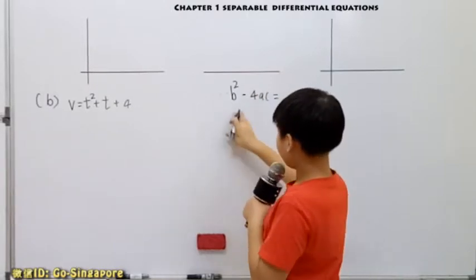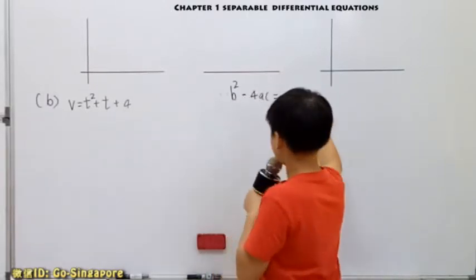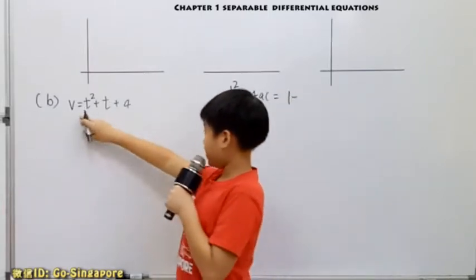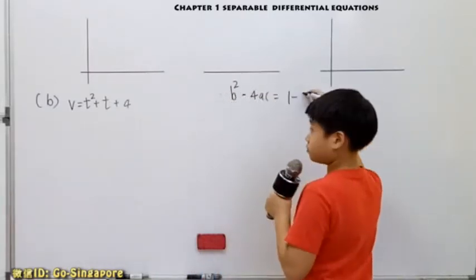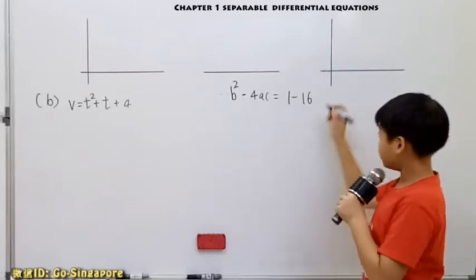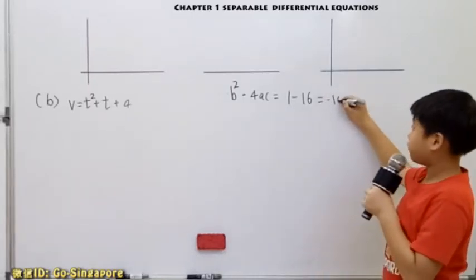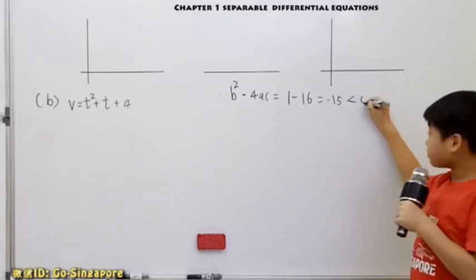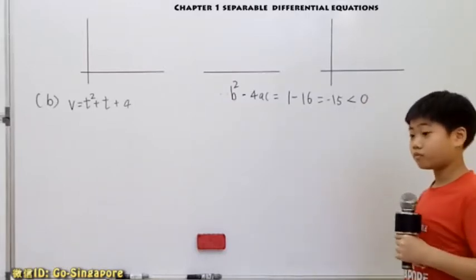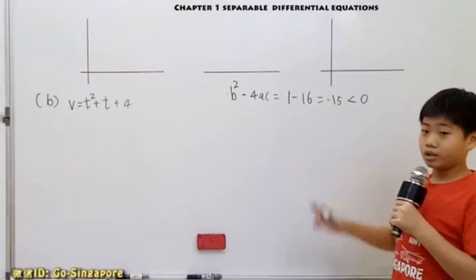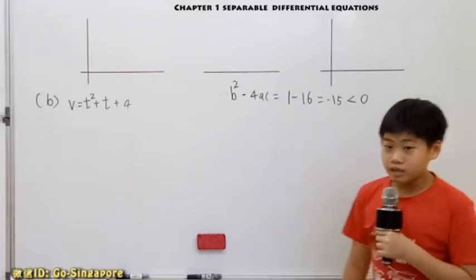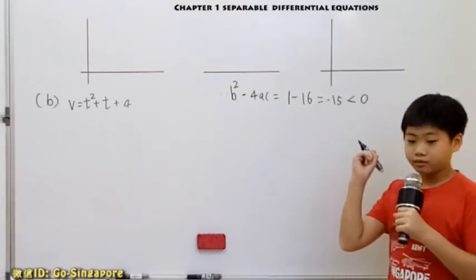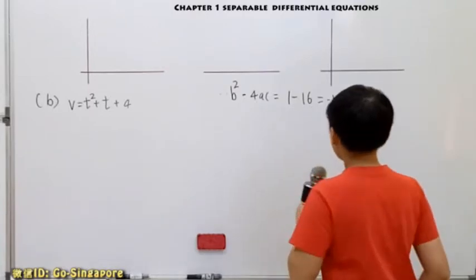For this, b squared, which is 1, minus 4ac, which is 16, gives negative 15, which is smaller than 0. When this is smaller than 0, it means it never goes back.